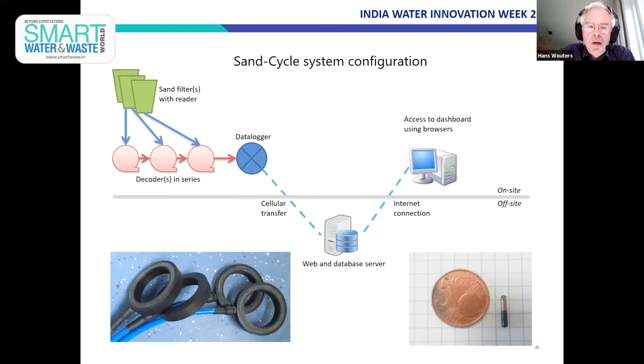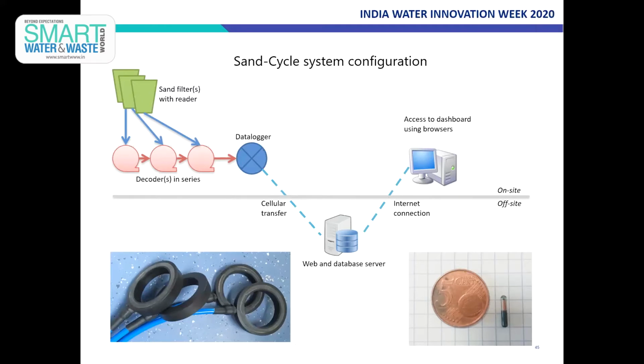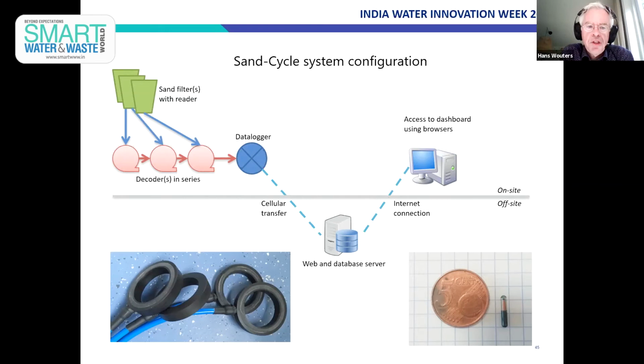The tags are identified by antennas in the filter, and these unique numbers and timestamps of each data set are then sent through a decoder into a data logger and flow into our web server. In the web server, we are converting those field data into dashboards, and these dashboards are then sent back to the operator, who can have access to that 24/7.